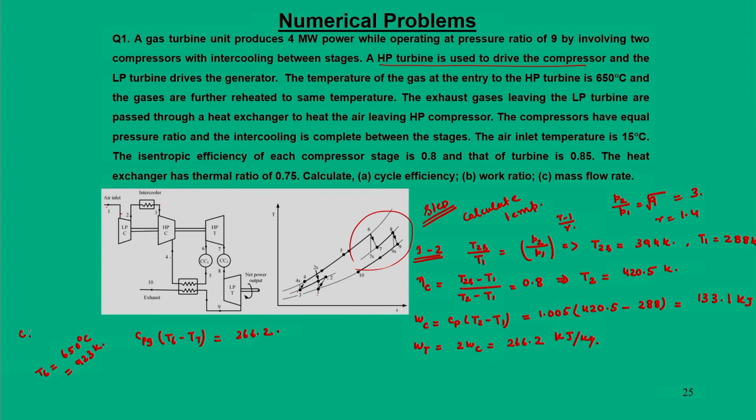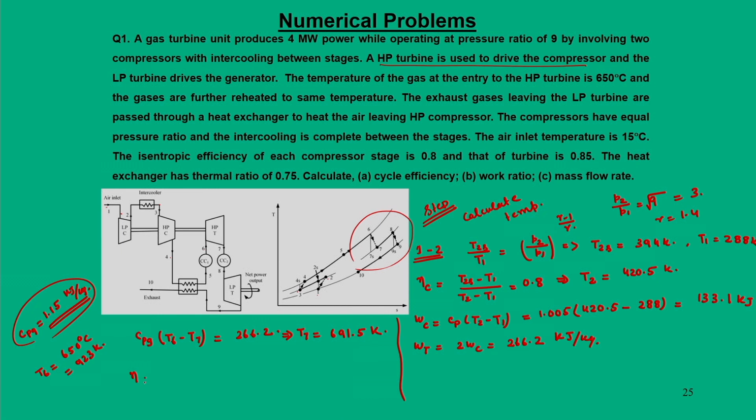For Cpg, since it is a hot gas, we take 1.15 kilojoule per kg. This is a typical number for hot gases in a gas turbine, and it is not equal to Cp of air. From this, T7 will be 691.5 Kelvin.